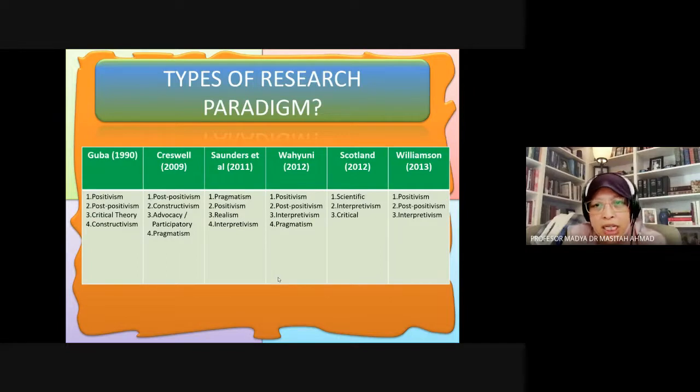For Scotland, 2012 also, he came out with a different way, whereby he talked about scientific, interpretivism, and critical. And the last one, Williamson, he has positivism, post-positivism, and interpretivism. So, which type of research paradigm is suitable for your research? You are the one who knows which one is better based on the explanation that we have just had.